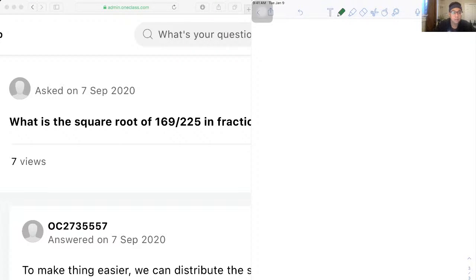Okay, so the next question is asking us: what is the square root of 169 over 225, in fraction.